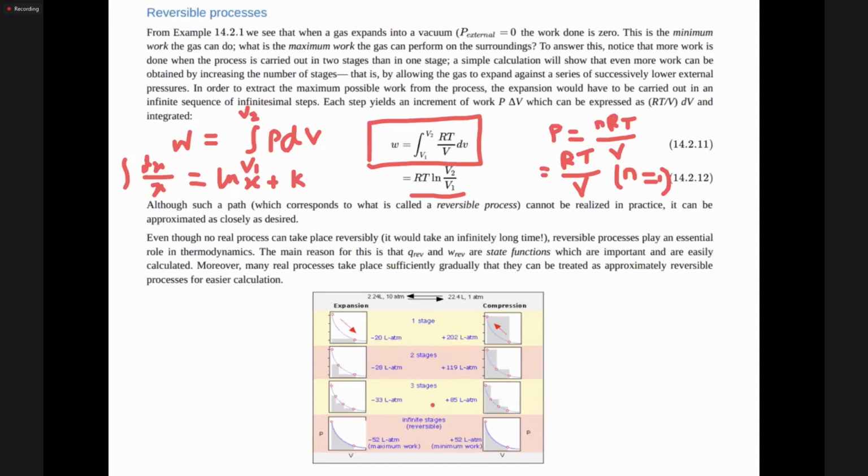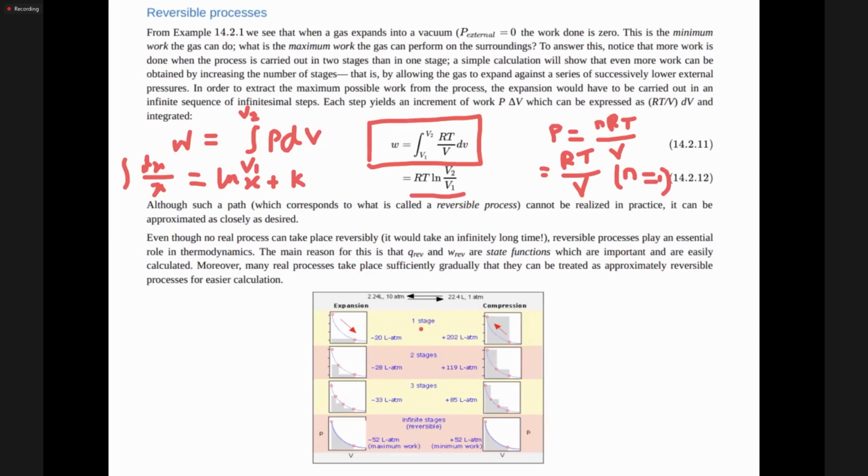Now, in this process, if we incorporate an infinite number of stages, that is what makes it reversible. So it will be the maximum work, a minus 52 liter-atmosphere of work done, and in return we get plus 52 liter-atmosphere of minimum work done.